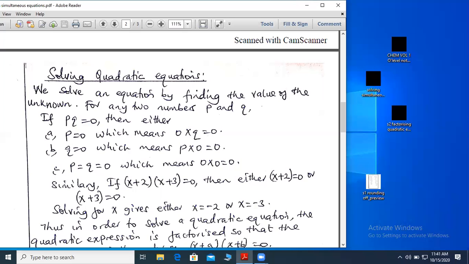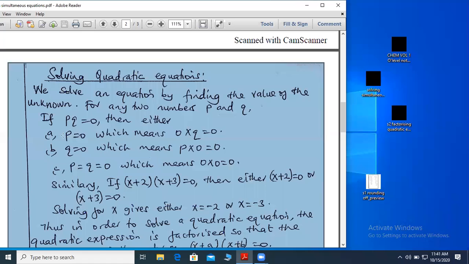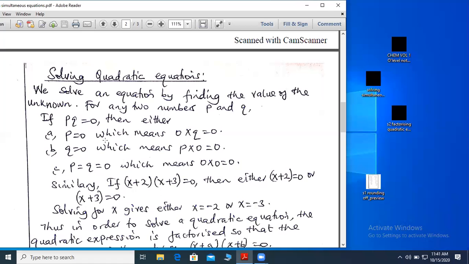Or q is 0, meaning that p times 0, the answer still remains 0.